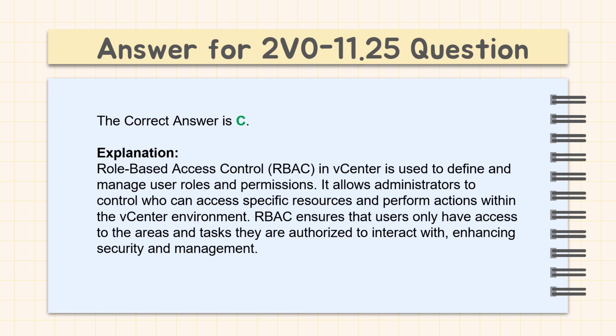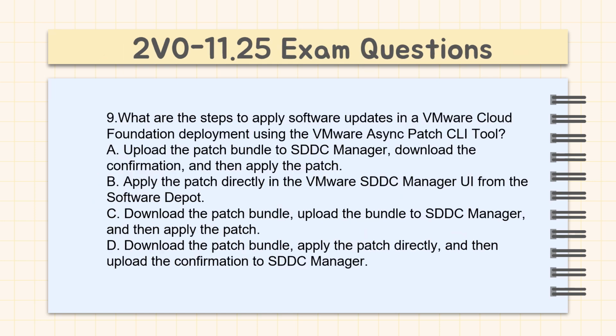What are the steps to apply software updates in a VMware Cloud Foundation deployment using the VMware Async Patch CLI tool? A. Upload the patch bundle to SDDC Manager, download the confirmation, and then apply the patch.